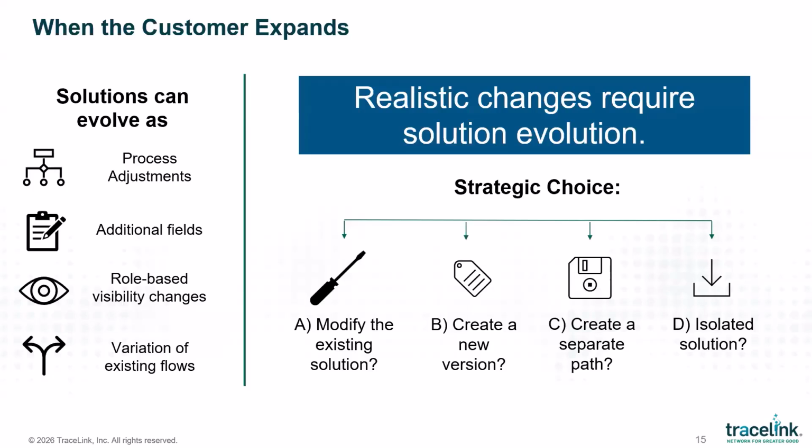If the change applies broadly, it may remain part of the same solution. If only a specific group needs it, it may require controlled variation. If the change will evolve independently over time, it may need its own separate solution. This is not simply a technical choice, it's a solution management decision.